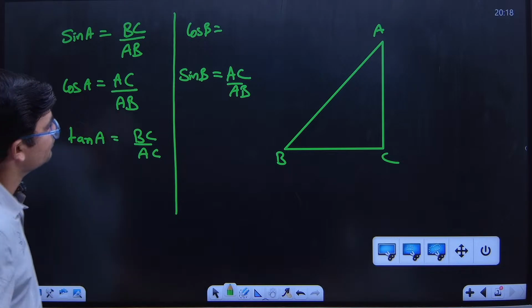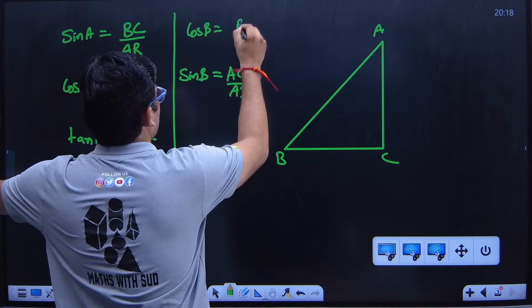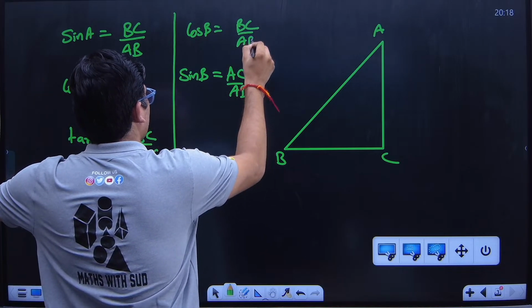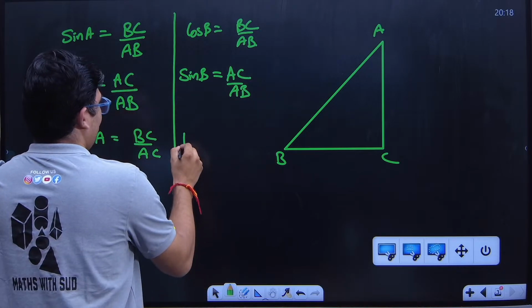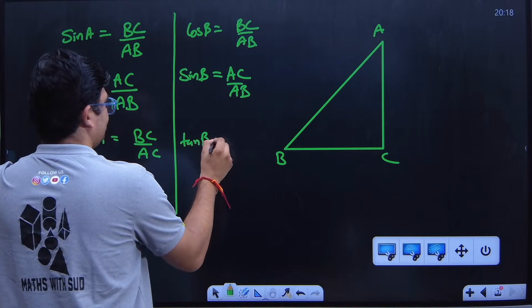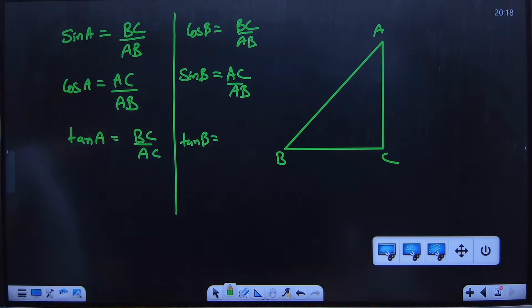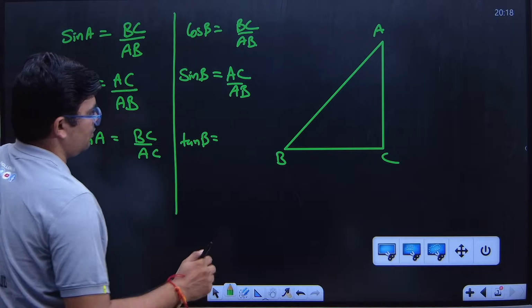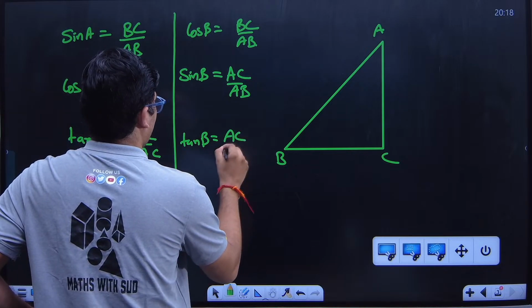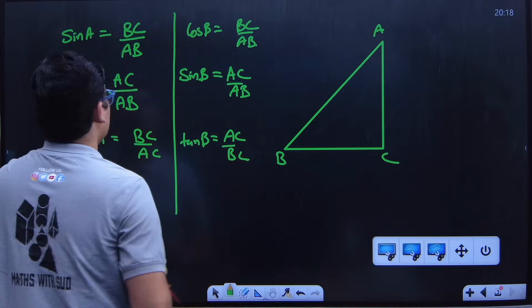BC upon AB. Wonderful. Can you tell me what will be tan B? AC upon BC. Very good. Well done with zero error.